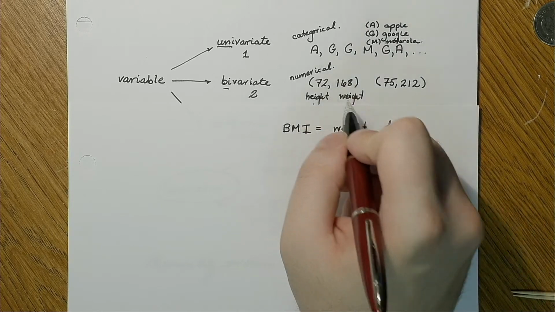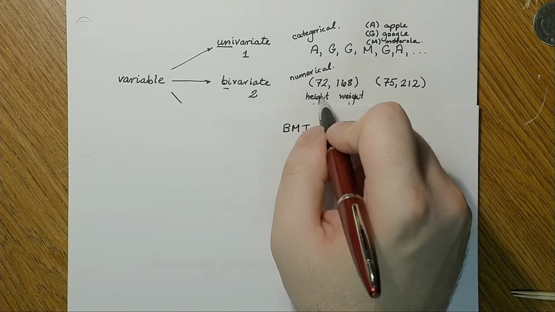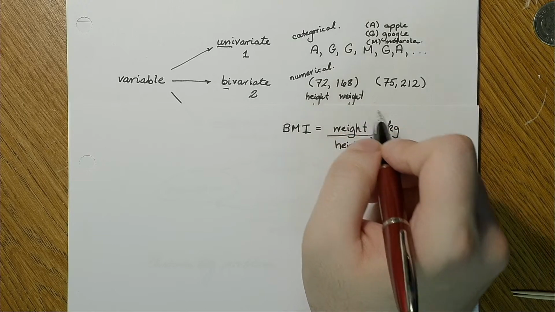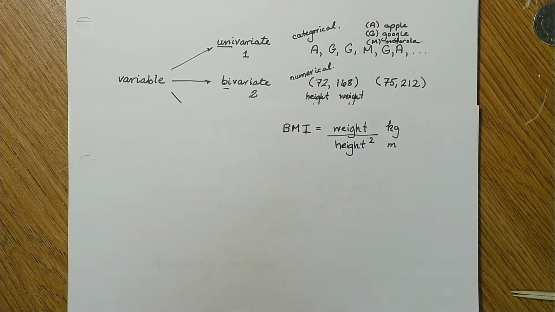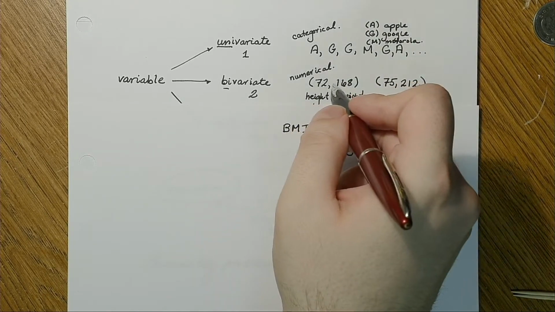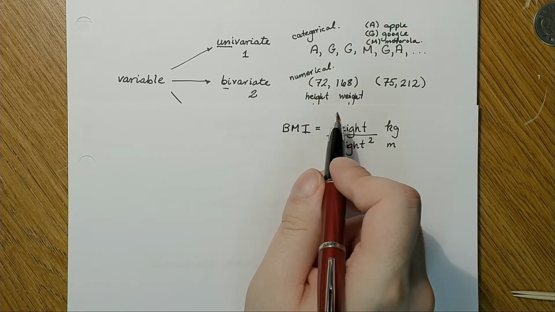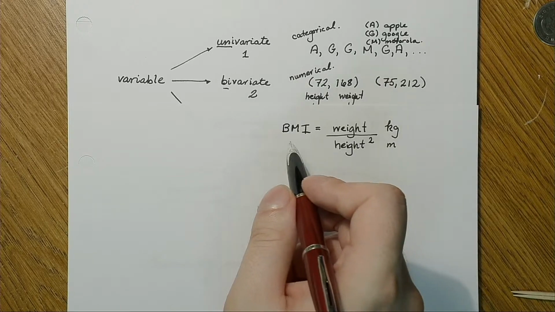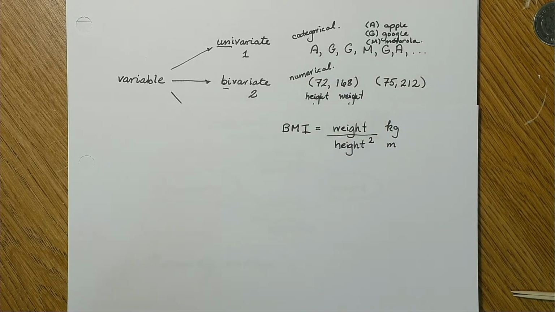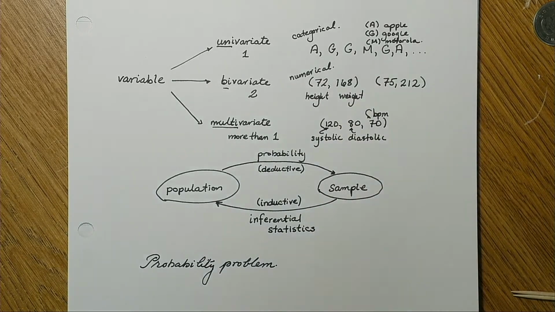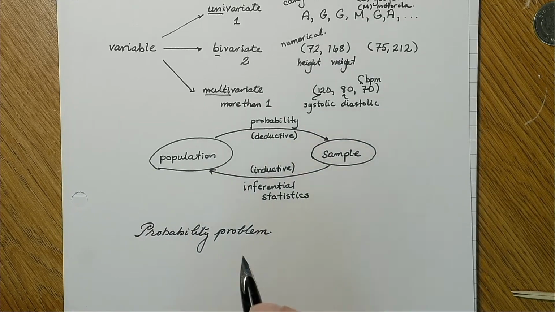So I wouldn't start calculating the BMI yet using the height in inches and the weight in pounds. We'd have to convert that. But again, this would be data about a particular person, and then we perform some sort of statistical analysis like using BMI, and we can reduce it down to one number. But again, like I said, it's common enough that we give bivariate a name.